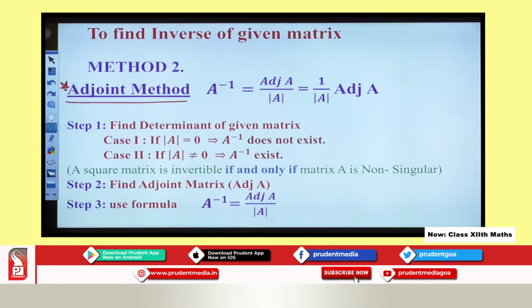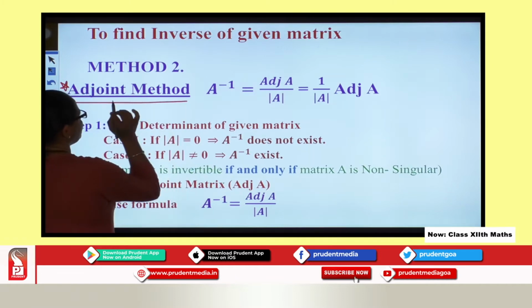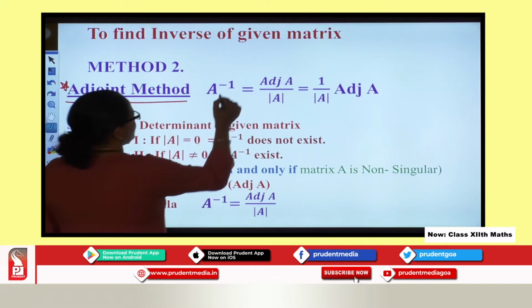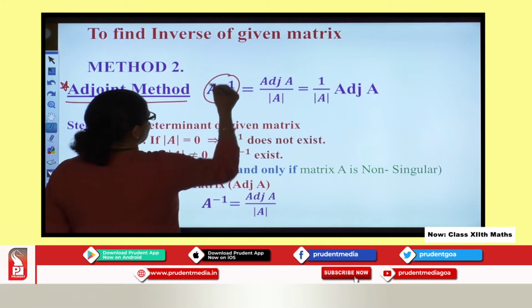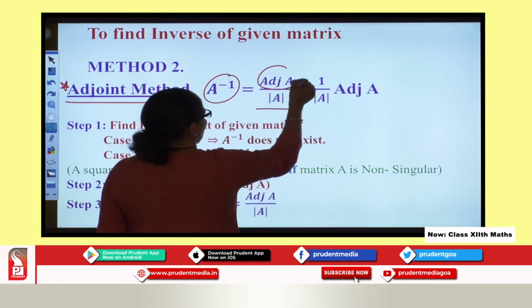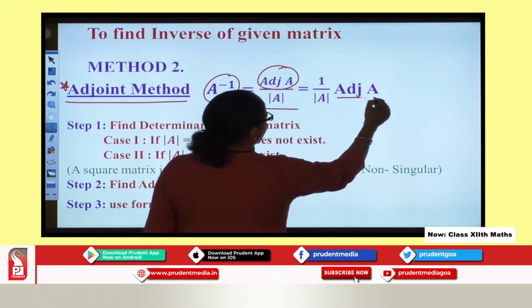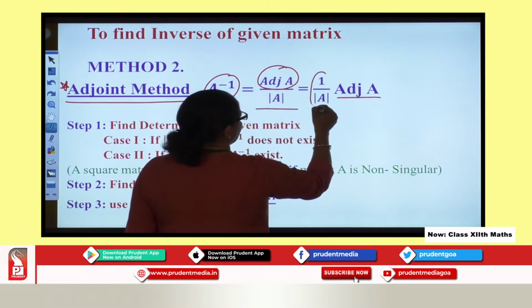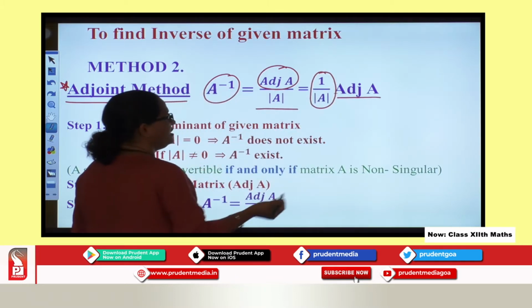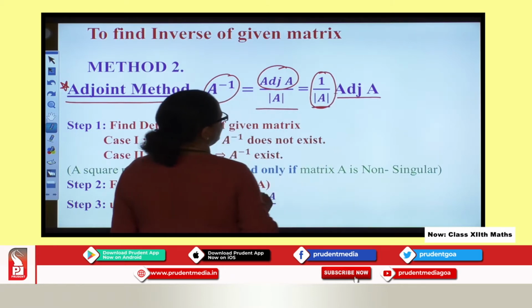So here the next method we study is the adjoint method. This method is very important from the exam point of view. So let us look at the definition of it. When you talk about the adjoint method, here we find A inverse by using this formula. You can see here I need to find the adjoint of matrix A, and that adjoint of the matrix I need to multiply with the reciprocal of the determinant value.